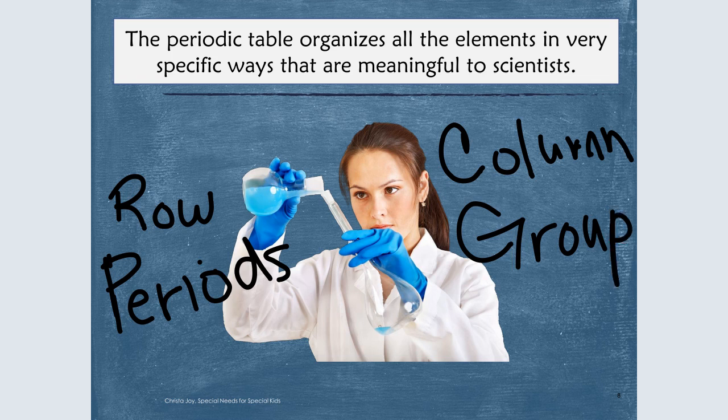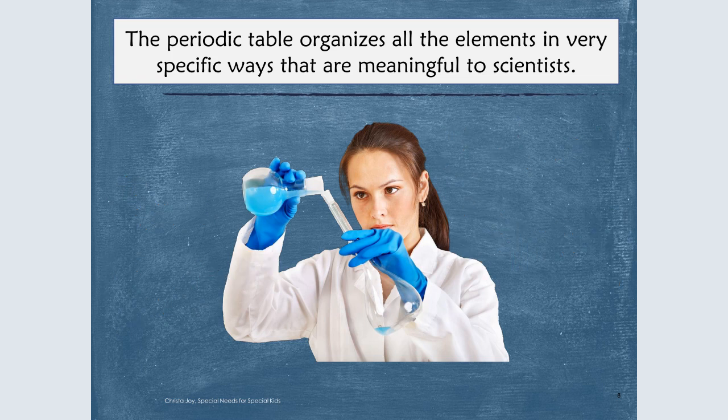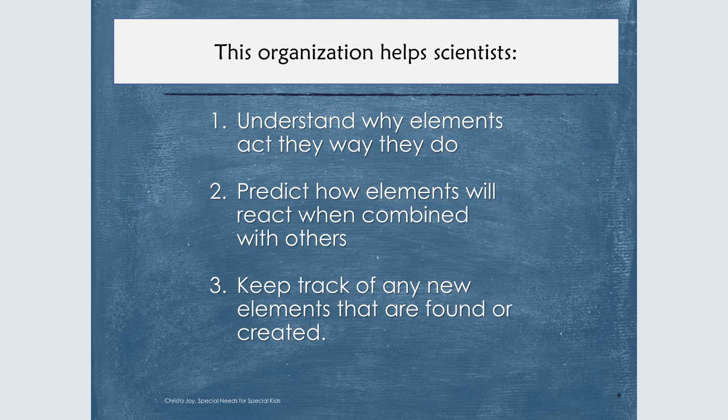Right? So periods are the rows, columns are groups. So this organization helps scientists understand why elements act as they do, predict how the elements will react when combined with others, and keep track of any new elements that are found or created.